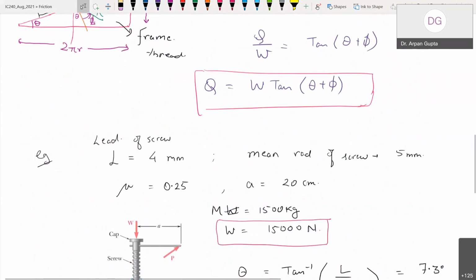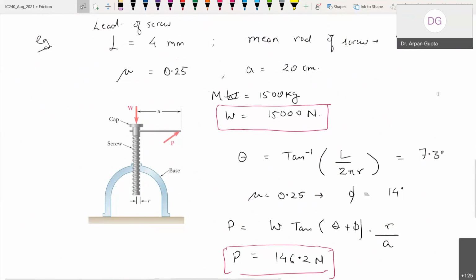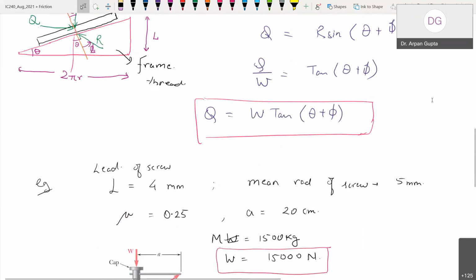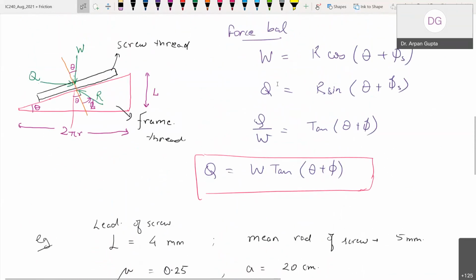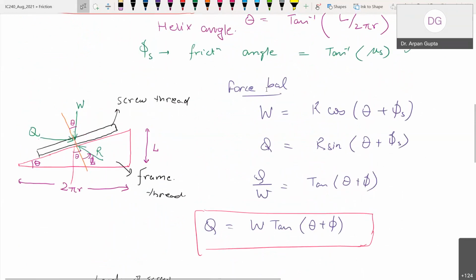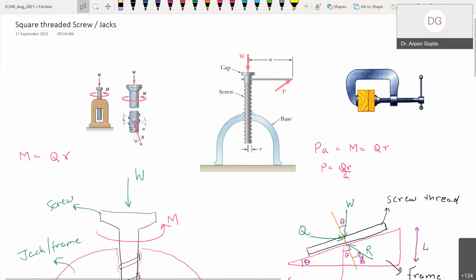Okay. Now let me move to just an extension to this topic. Let's say we have lifted the weight, and now if I remove this force P, now I have applied a load and lifted the car, and if I remove this moment M or load P, what will happen?